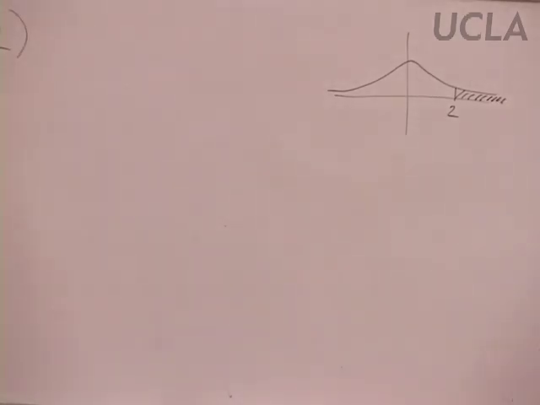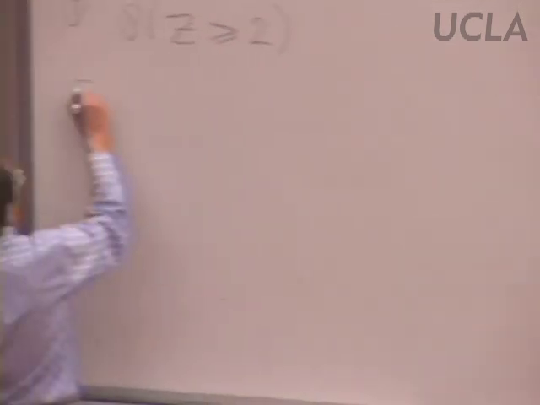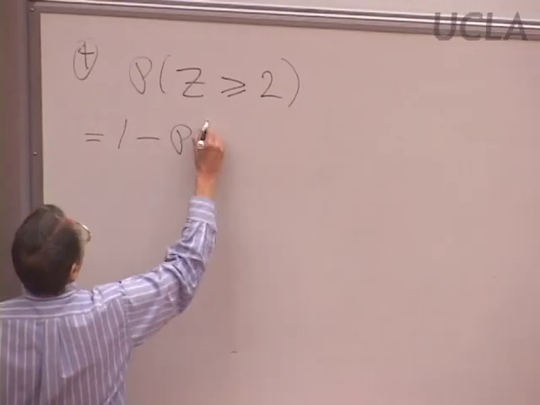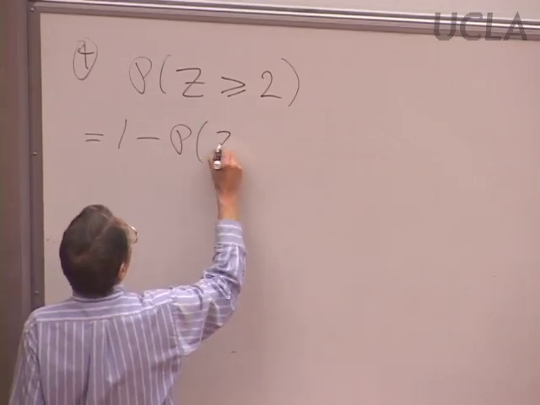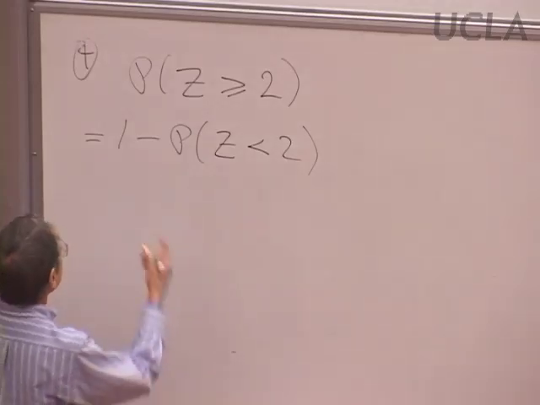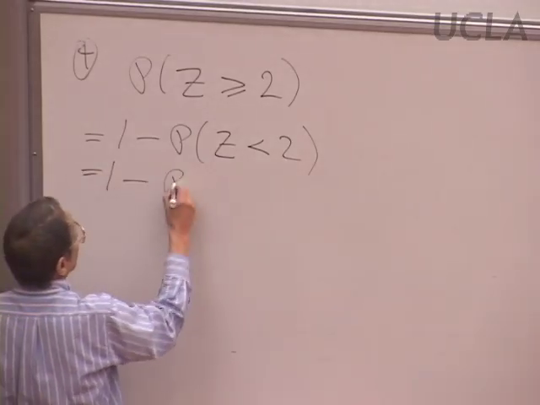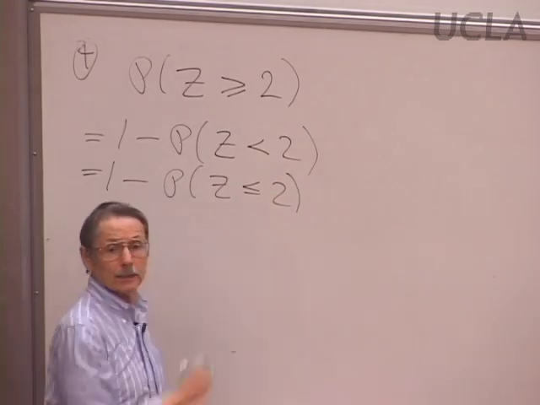The probability that z is more than 2, where z has the standard normal distribution. Well, that's the area we were just looking at. Z greater than or equal to 2 is the complement of z being less than 2. Because it's a continuous random variable, it doesn't matter whether we have less than or equal to.